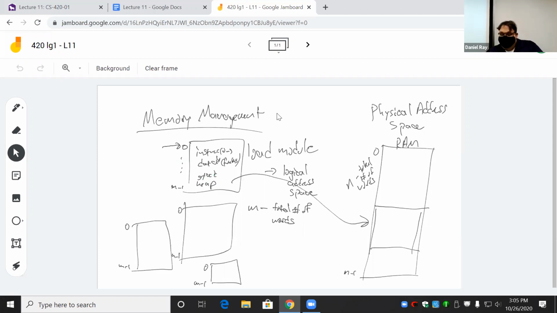Okay? So when we load these in, we need to be careful because this is not going to be 0. Okay? This is going to be some value x where x is greater than or equal to 0, and less than or equal to n minus 1. Okay?